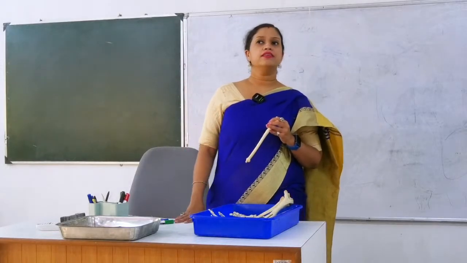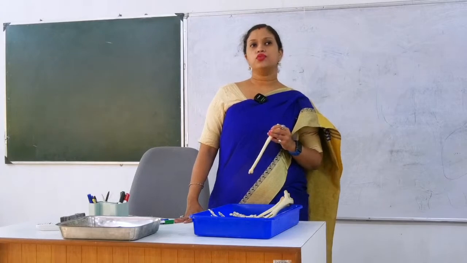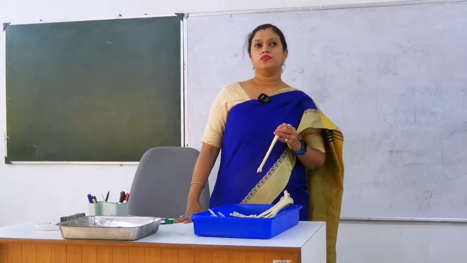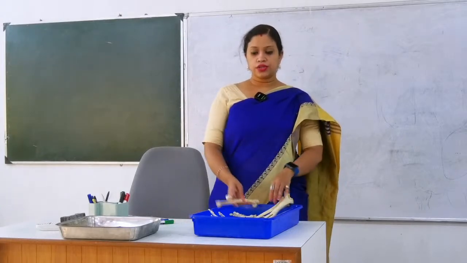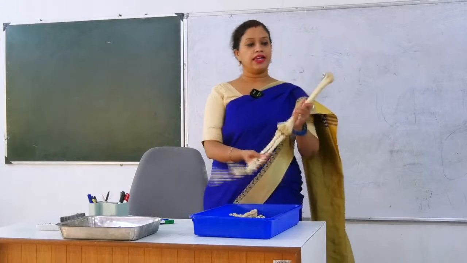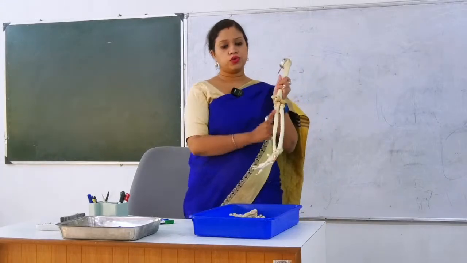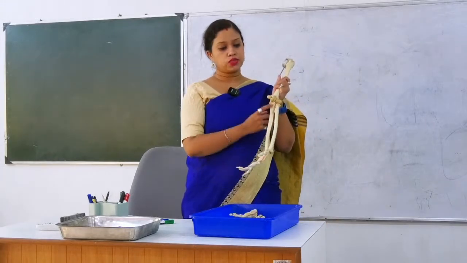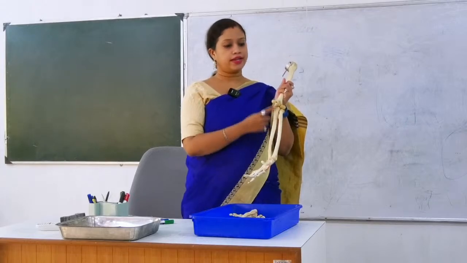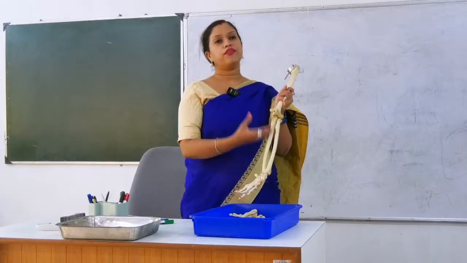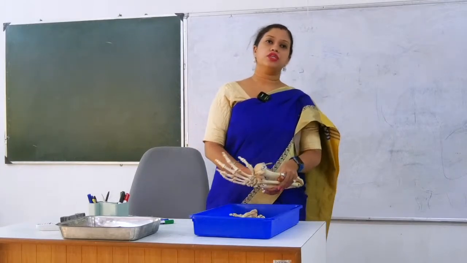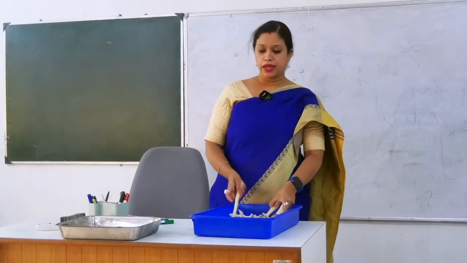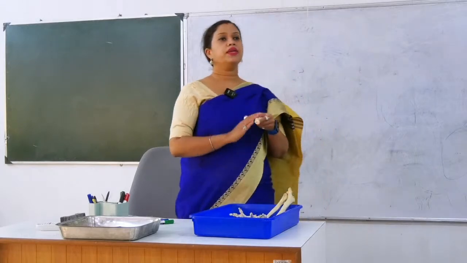Is any artery going through? This is the brachial artery. Towards the radius, the radial artery, and here the ulnar artery. So definitely some branches of the ulnar and radial arteries pierce the interosseous membrane. Remember this one.